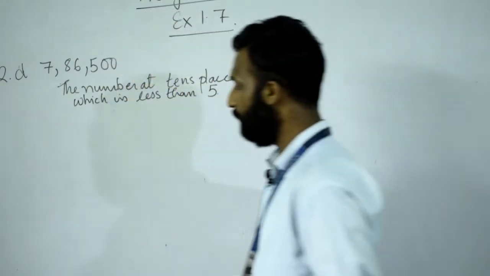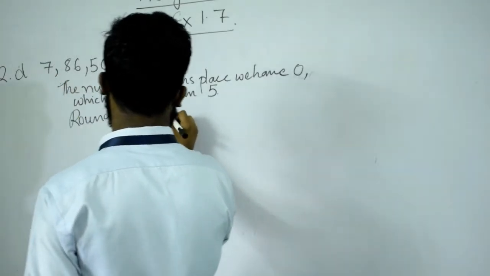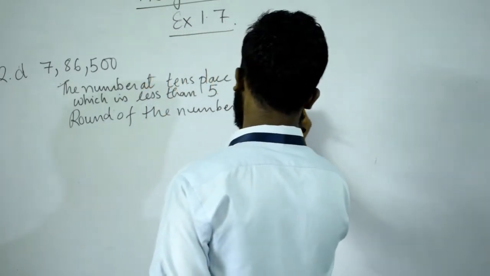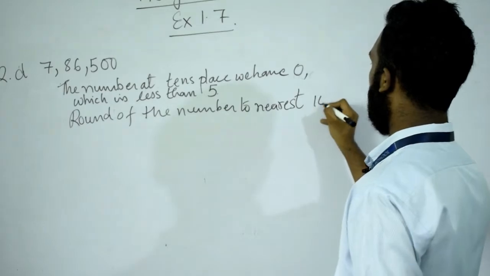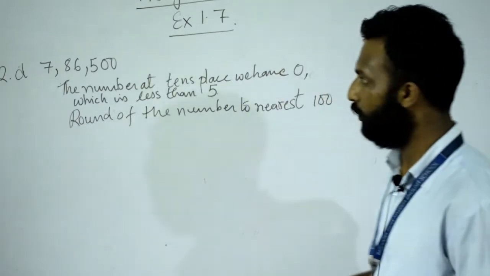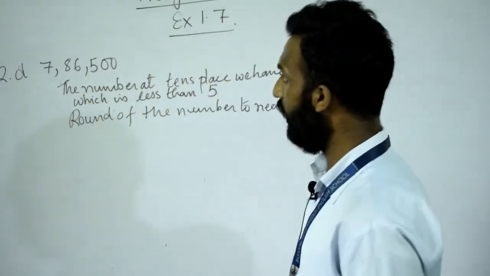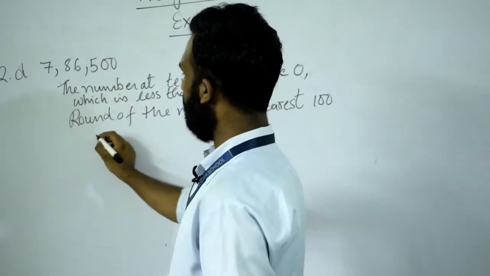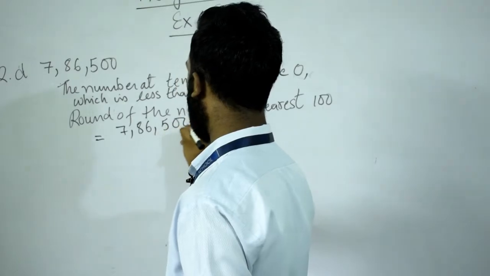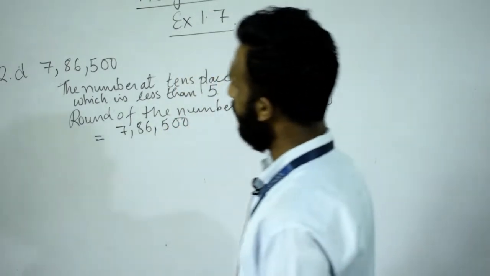So for rounding the number to the nearest 100, as I told, if it is less than 5, we'll just change it to 0 and we'll not add anything to the 100 place. It is already 0, so we don't need to change it, so it will be 500 only. Okay, now let's check this one.